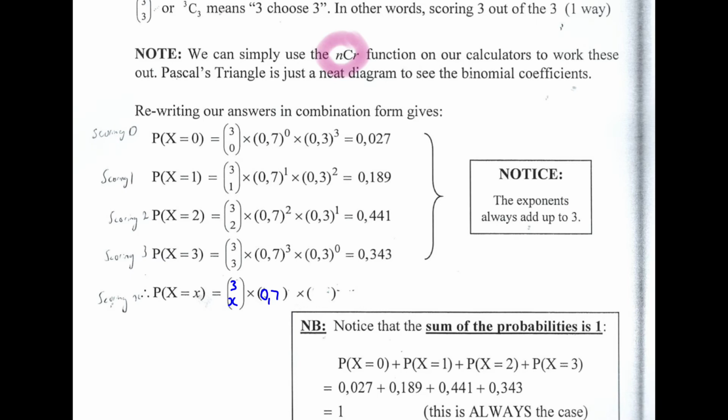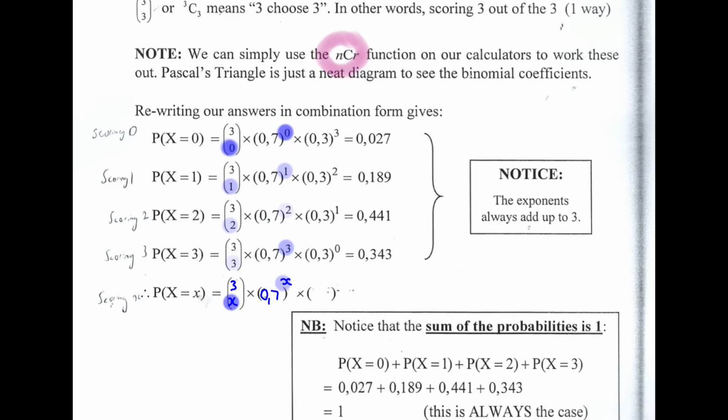And if she's scoring X times, then the exponent here must be X. So just to help you along, look how this value is always equal to her number of successes. The bottom of your combination is always equal to the exponent of the success.